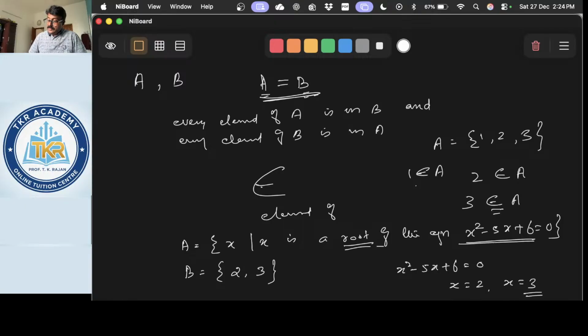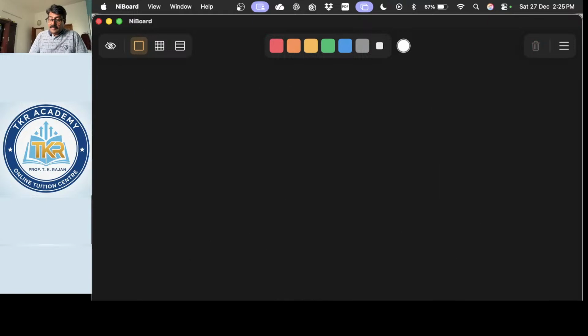So the roots of the equation form the same set B. So in this case A is equal to B. Both A and B are equal. The only thing is that they are written in two different forms. That's all.